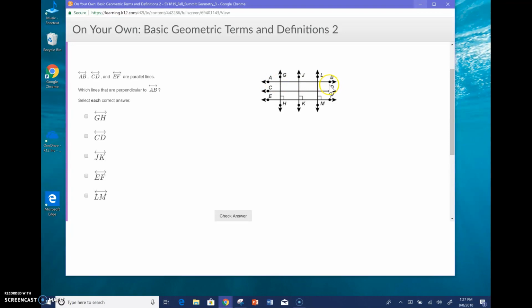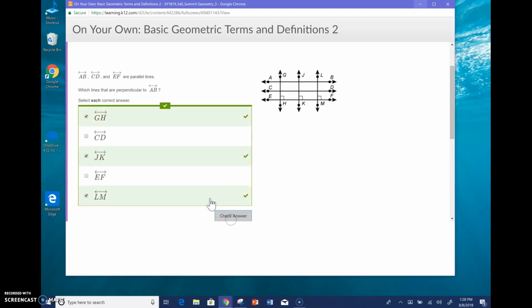It runs horizontally, so we want to find the line that runs vertically. GH does run vertically. CD does not run vertically. JK does run vertically. EF does not run vertically. LM does. Let's see if we're right. Yay!